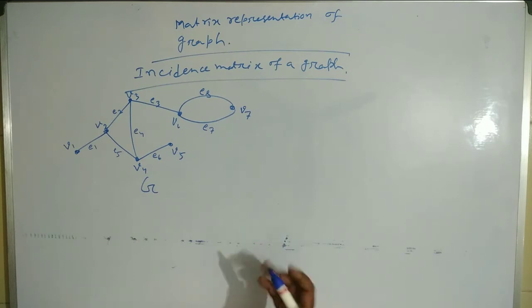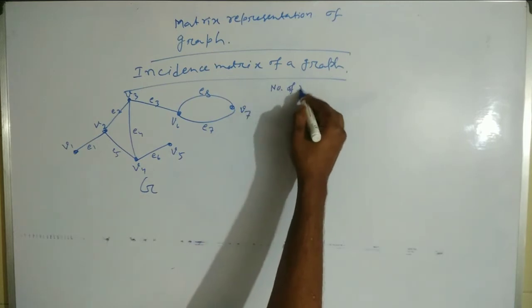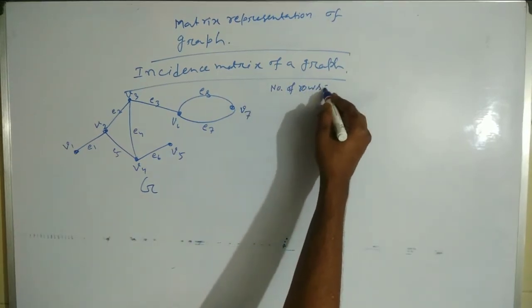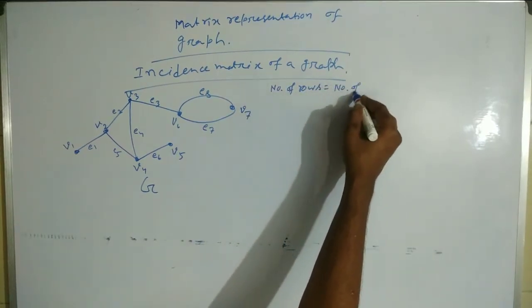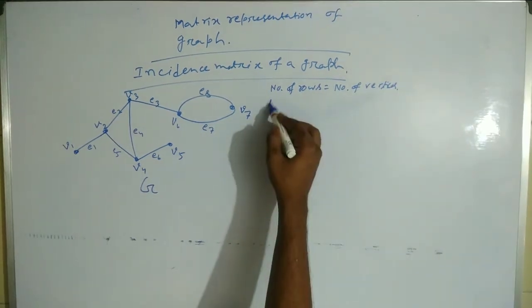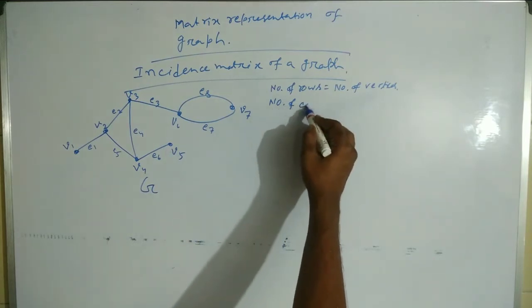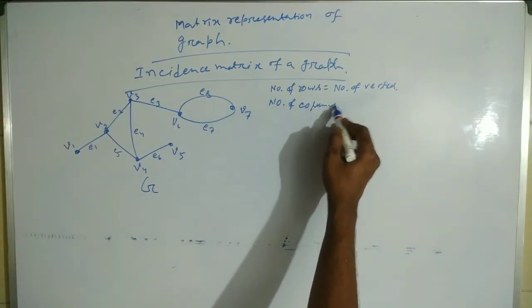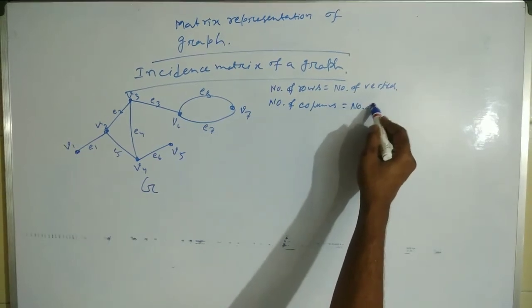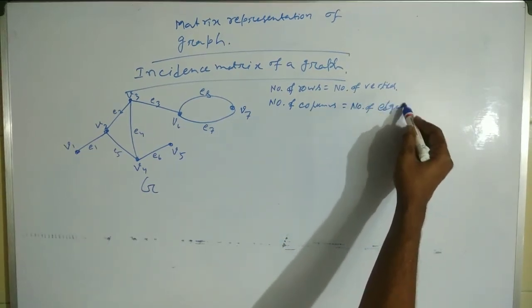7 rows, 8 columns. Number of rows equals number of vertices. Number of columns equals number of edges. Okay.